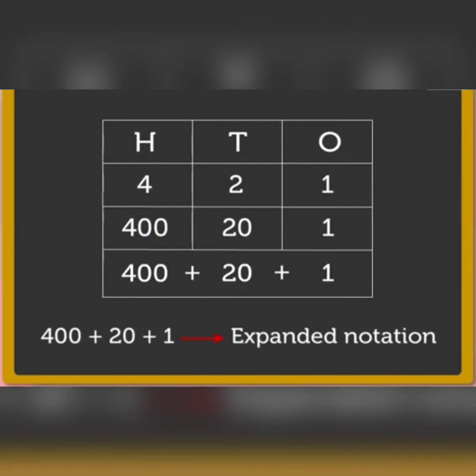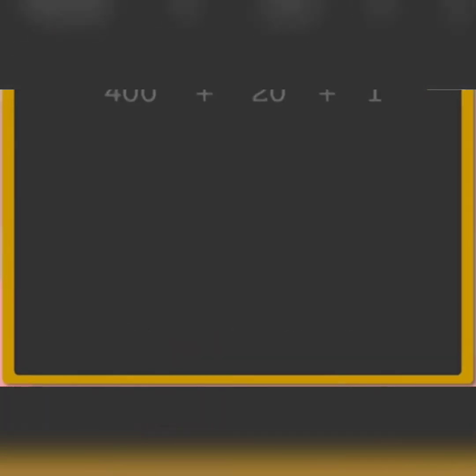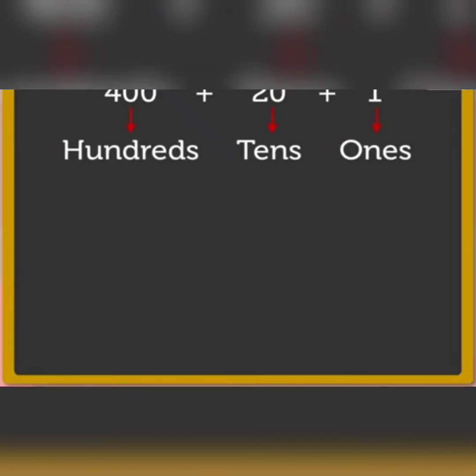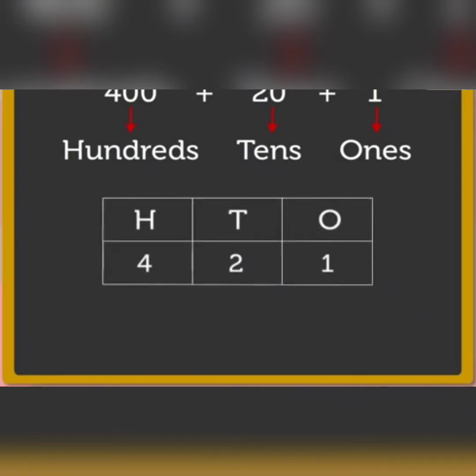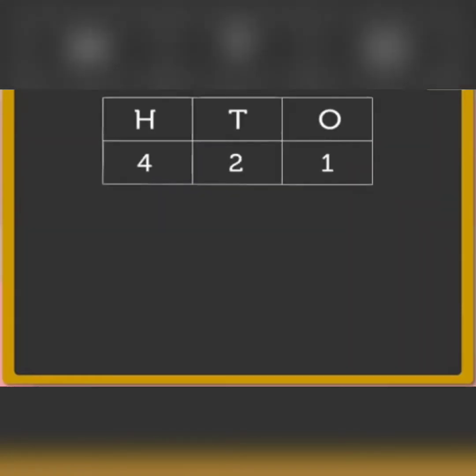421. When the number is in the expanded form, we can write it in the standard form by placing the digit in the respective columns of the place value chart. Here 400 plus 20 plus 1 is the expanded form, and 421 is the standard form.